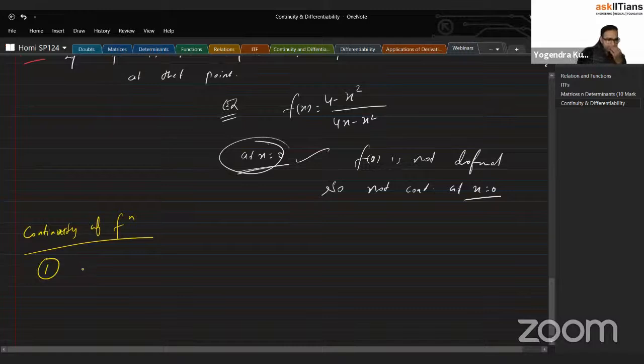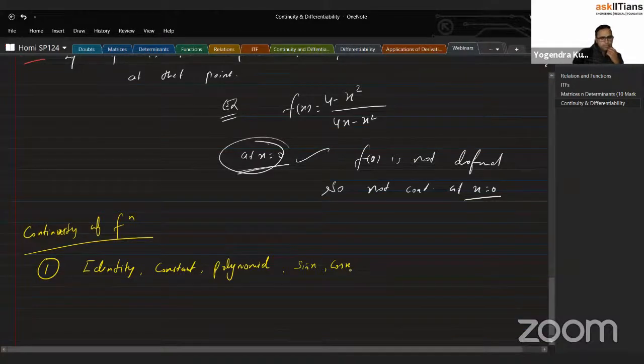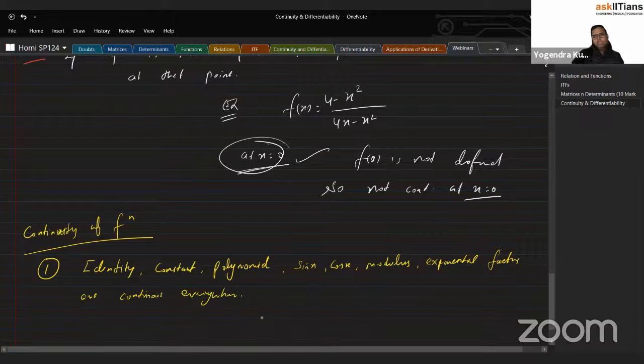First point: identity function, constant, polynomial, sin x, cos x, modulus function, exponential functions are continuous everywhere. From the graph we can understand they're continuous everywhere.